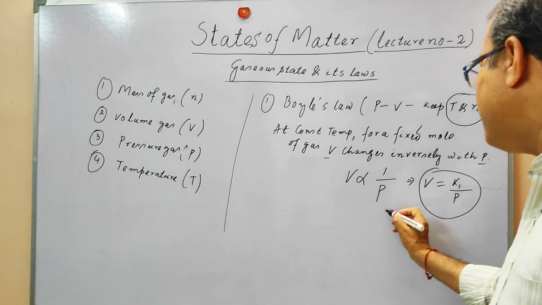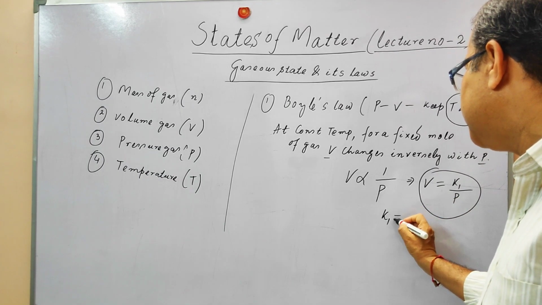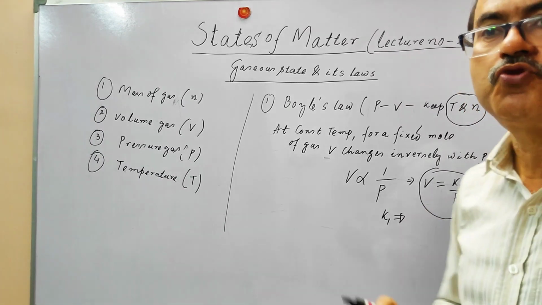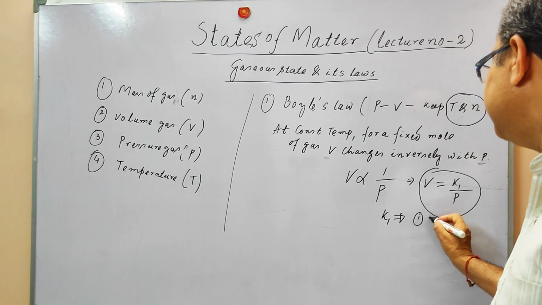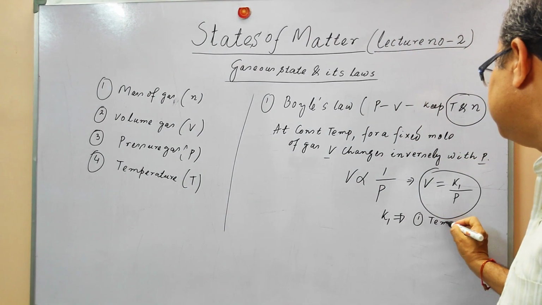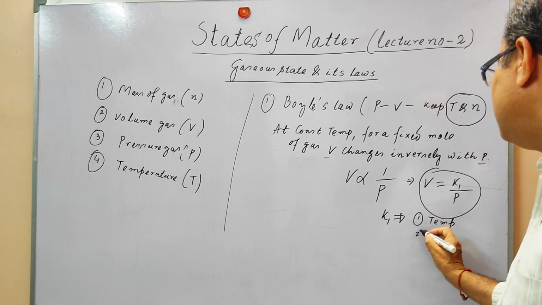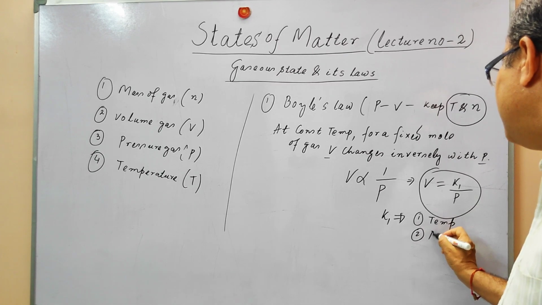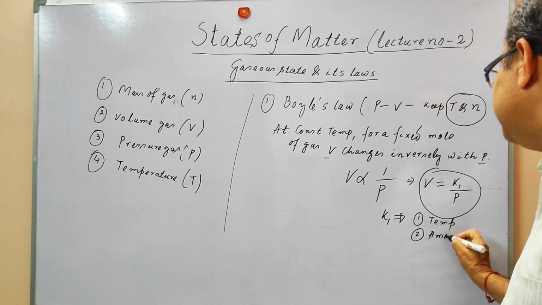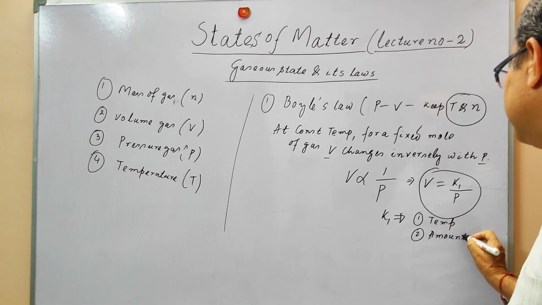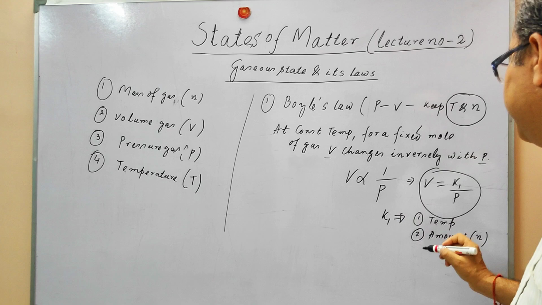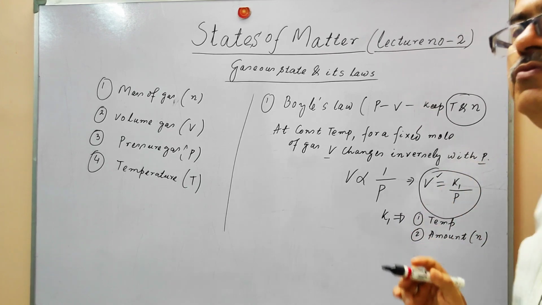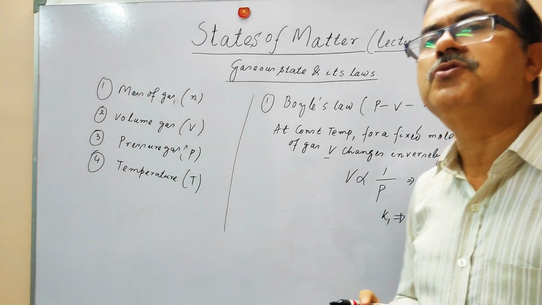Now, what is k1? k1 is the proportionality constant, and it depends on the temperature of the gas, the amount of the gas, that is n, and also on the units of volume and the units of pressure.